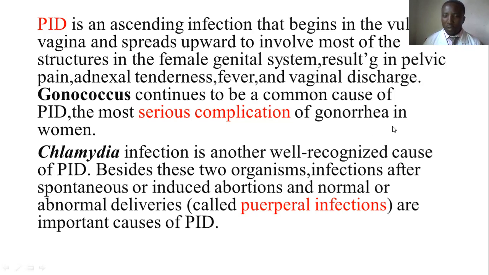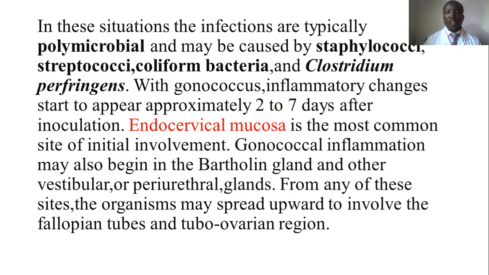Besides these two organisms, infections after spontaneous or induced abortions and normal or abnormal deliveries, which are collectively called puerperal infections, are important causes of pelvic inflammatory disease. In these situations, the infections are typically polymicrobial, meaning that a mixture of bacterial types are involved.